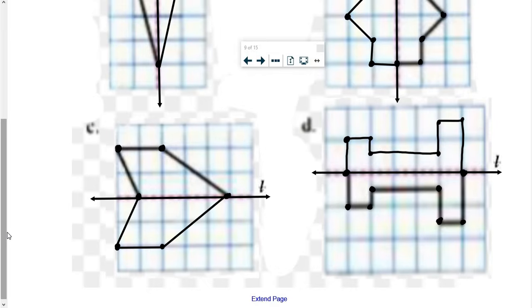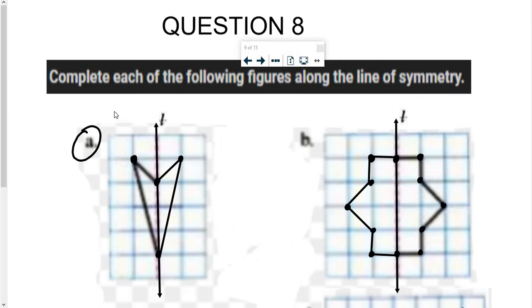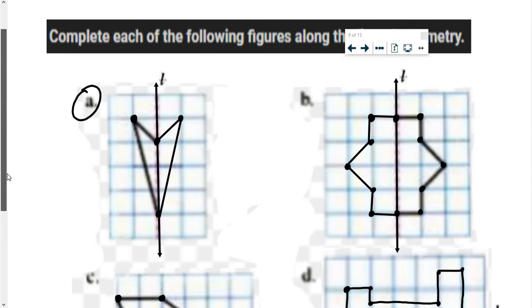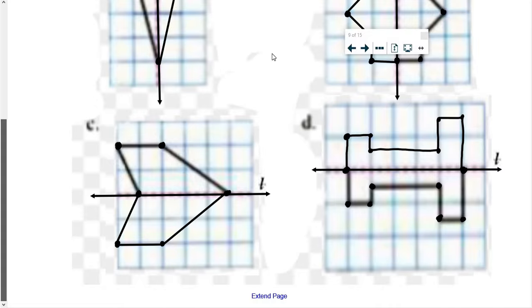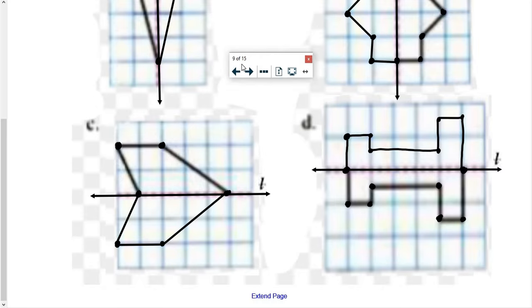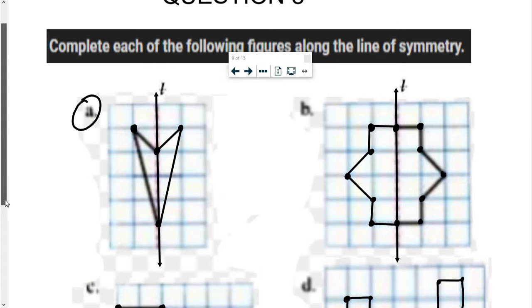So that is all for this question, which says complete each of the following figures along the line of symmetry. So you can clearly see that the diagrams are fully completed.